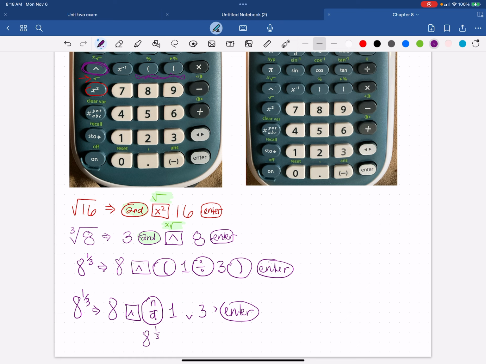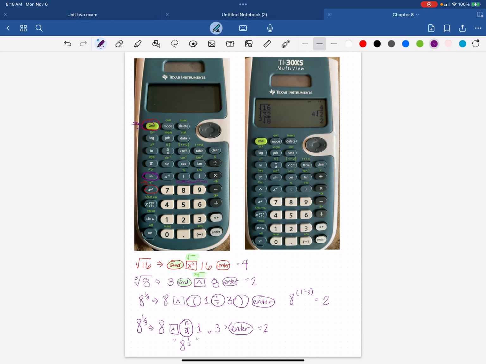So that's the display. And this guy would look like 8 parentheses 1 divided by 3 parentheses equals. And it will equal 2. So that's some extra calculator stuff. And I've already gone over the homework.